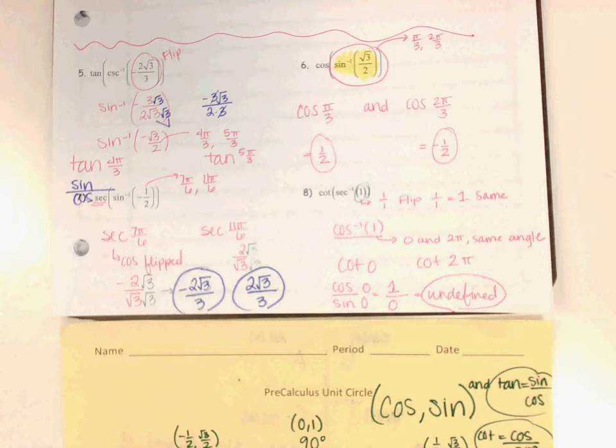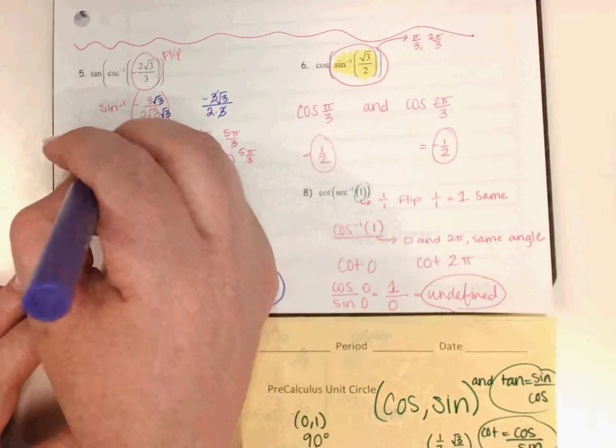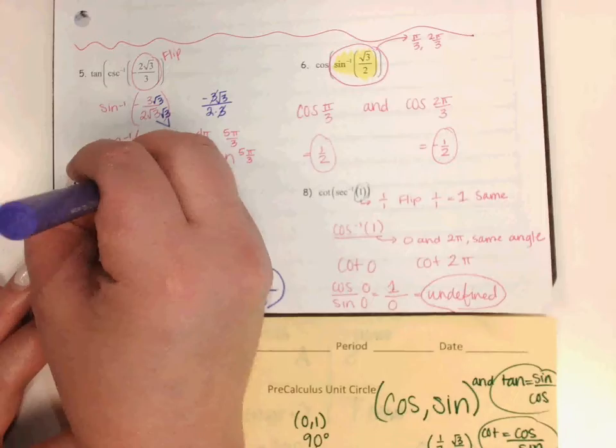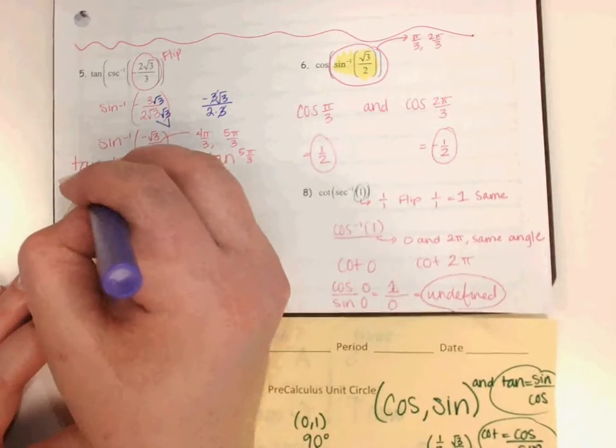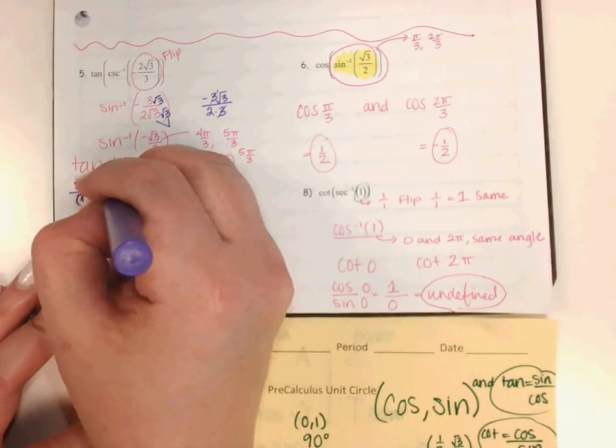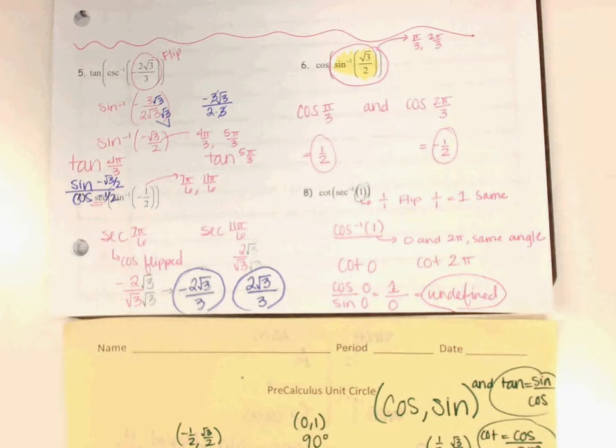Okay, so look on your circle at 4 pi thirds. What is the sine of that value? It should be the y value. Negative root 3 over 2. What is the cosine? Negative 1/2. And then remember, you take the 1/2 and you flip it. So what's going to happen, I'll just write it on the board here.